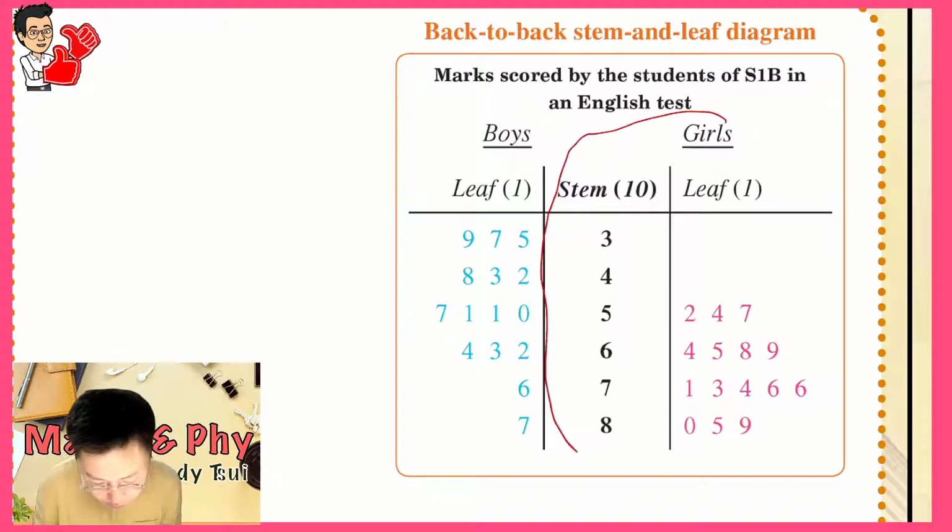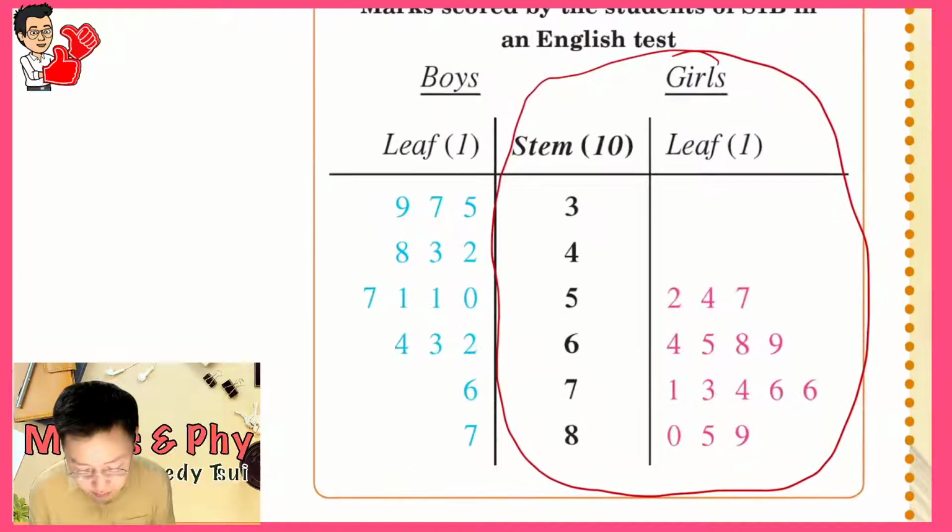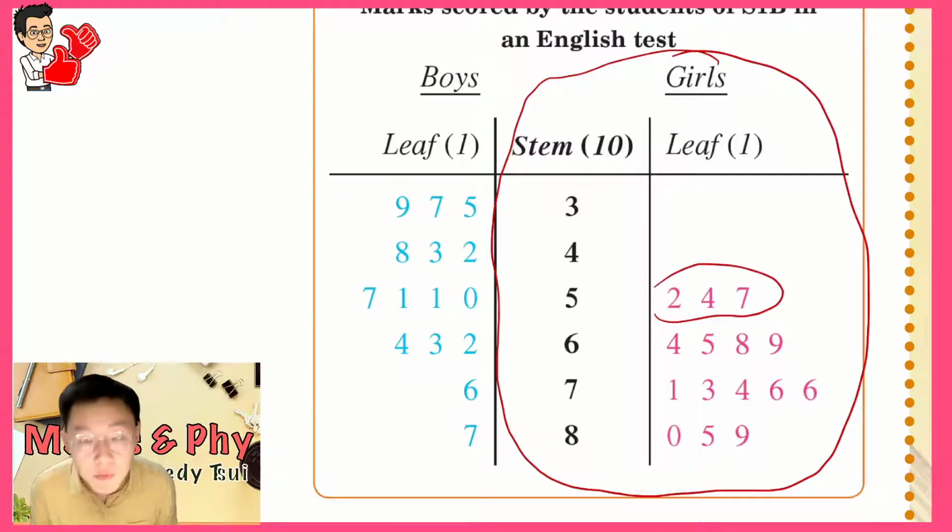On the left-hand side is the stem, and the right-hand side is the leaf. For example, this one, 2, 4, 7. We arrange it in ascending order from the left to the right.